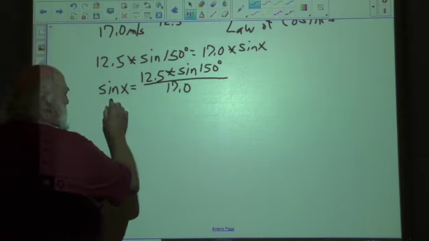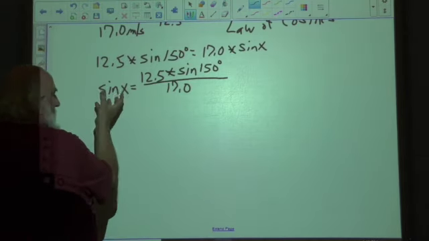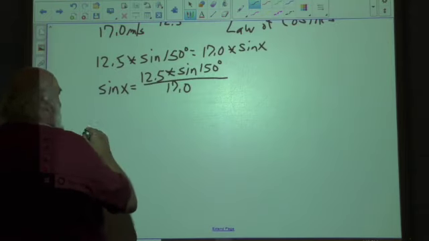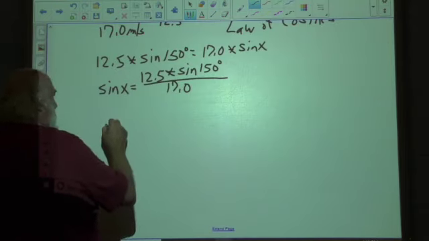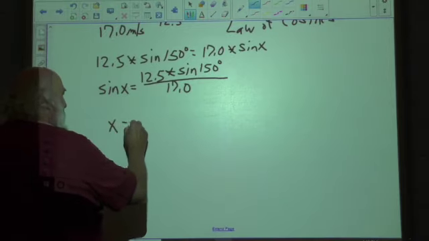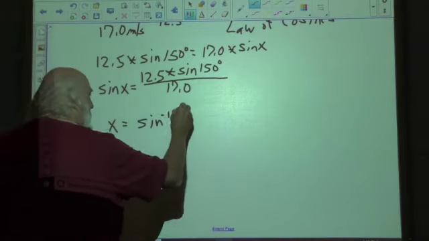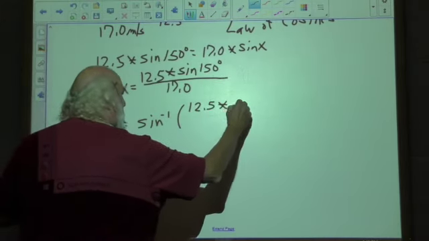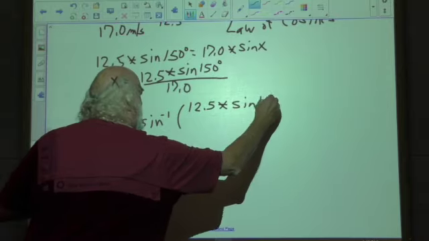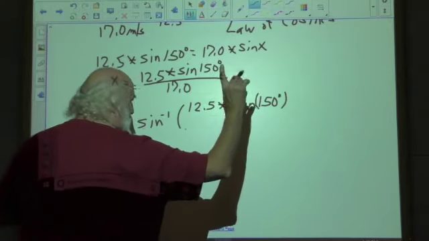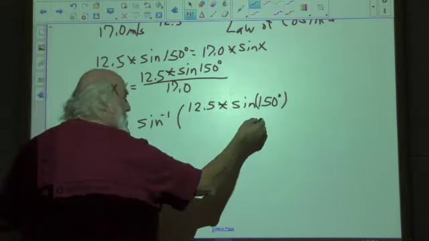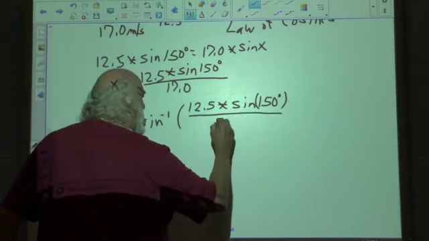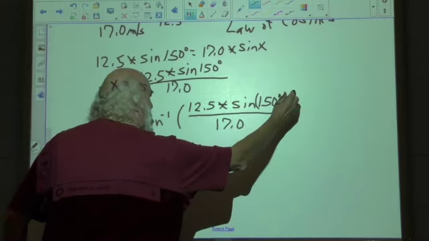So what I'm going to do here, in order to find X, I have to take the inverse of the sine of X. So that means X is equal to the inverse sine of this whole conglomeration: 12.5 times sine of 150 degrees, and that'll be in parentheses, by the way, in your calculator, so make sure you close that parentheses or things will just go haywire, over 17.0.